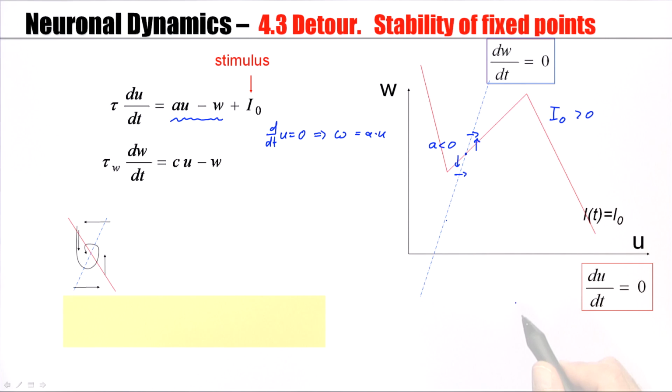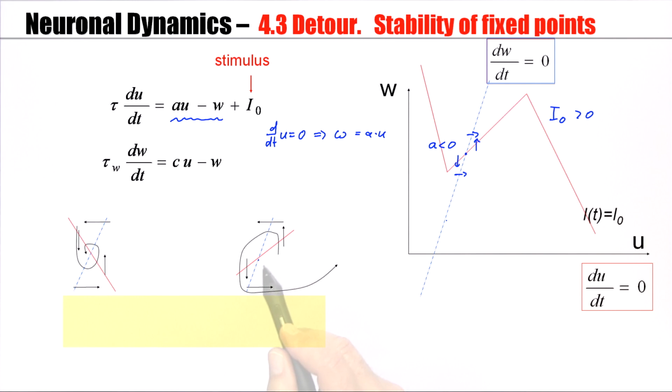Well, actually, the picture looks very similar. I also have this kind of rotational component. However, we will find the conditions under which such a picture implies instability of the fixed point.